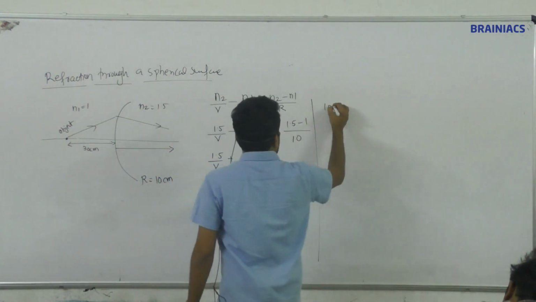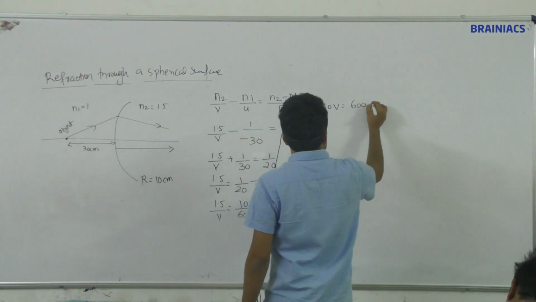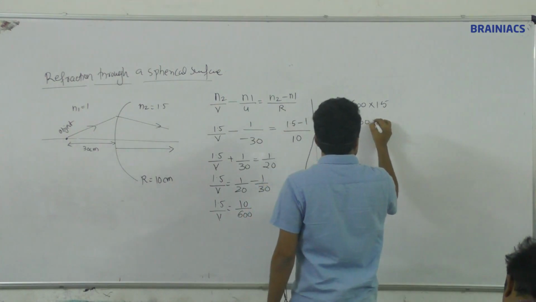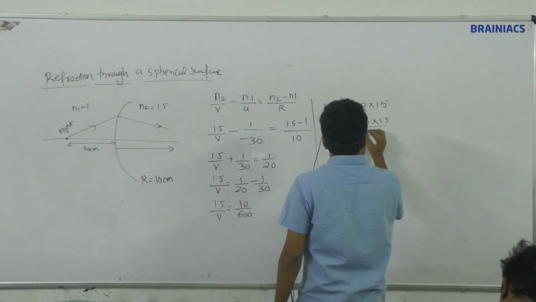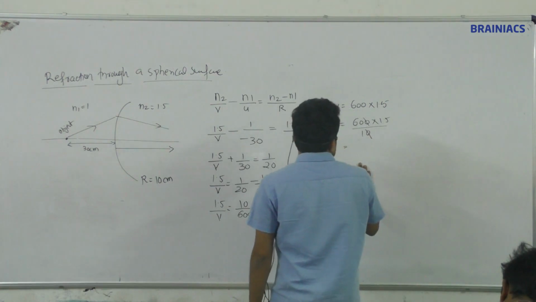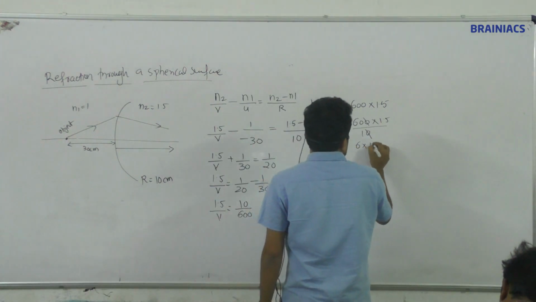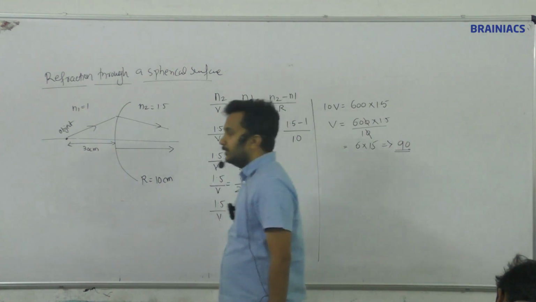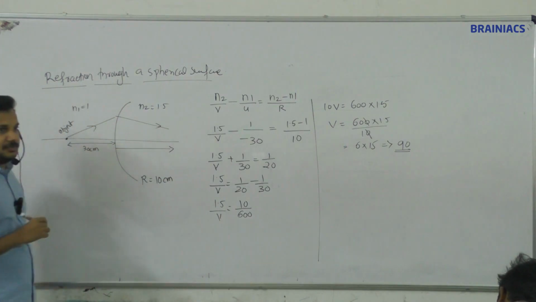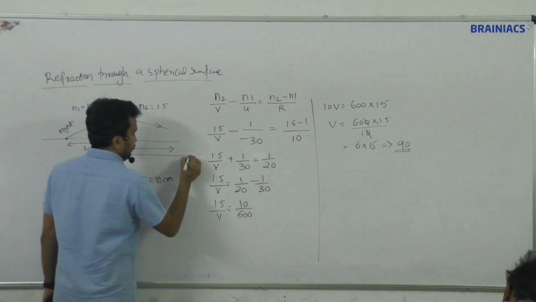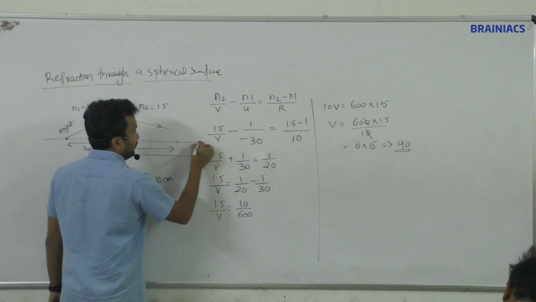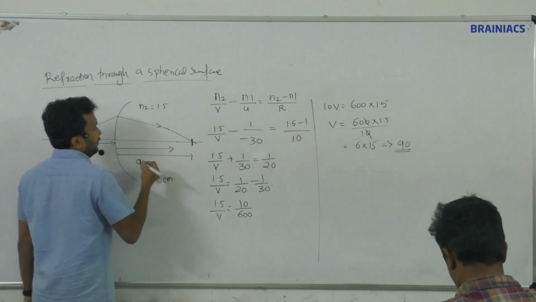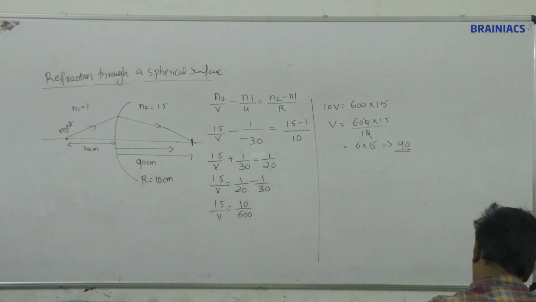So 10v is equal to 600 into 1.5, v equals 600 into 1.5 divided by 10. Cancel, 6 into 15 gives 90. Got it? Positive 90. So the image will be formed somewhere here, at a distance of 90 centimeter towards the right side because it is positive.